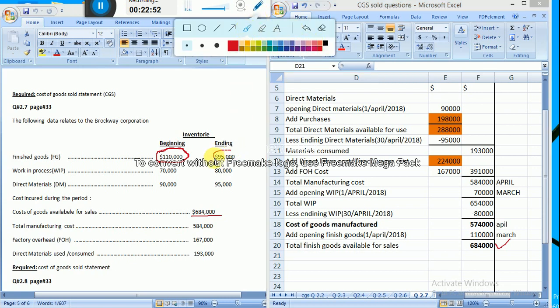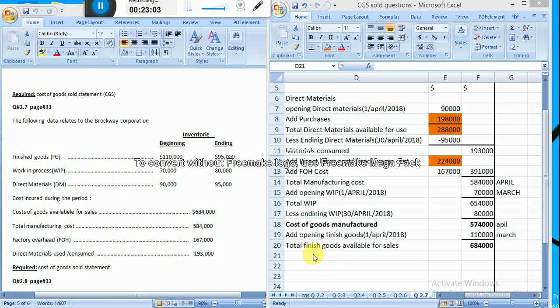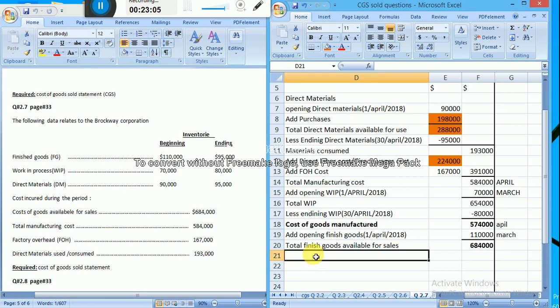These 95,000 finished goods remain. In total, finished goods were 6,84,000, but in this 6,84,000 only 95,000 finished goods remain unsold.